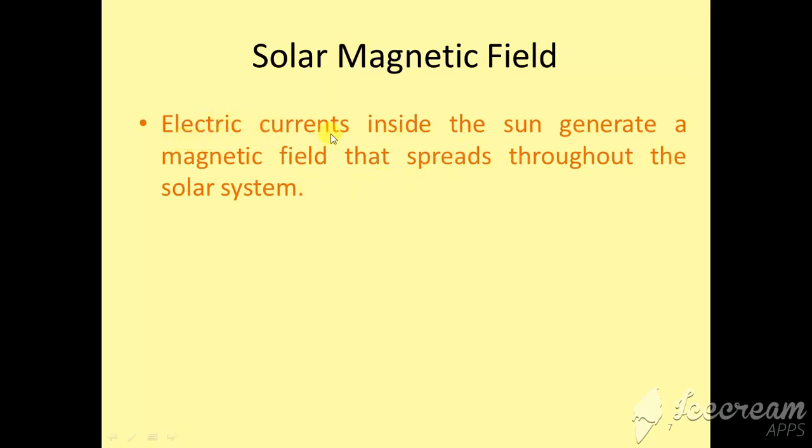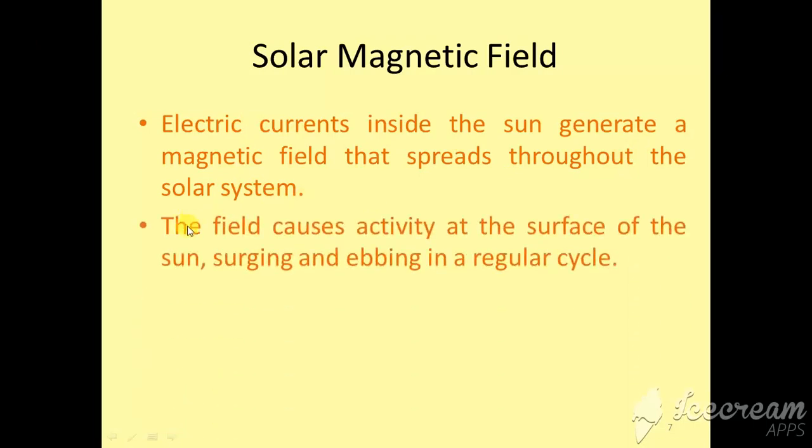Where does this electric current come from? Due to the rotation of the gases forming the sun. The gases contain electrons and protons, and their rotation gives us the currents.